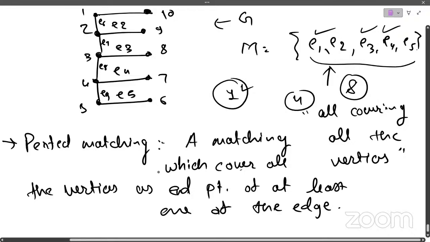Then that type of matching is called a perfect matching. So perfect matching need not always exist, need not exist in every graph.